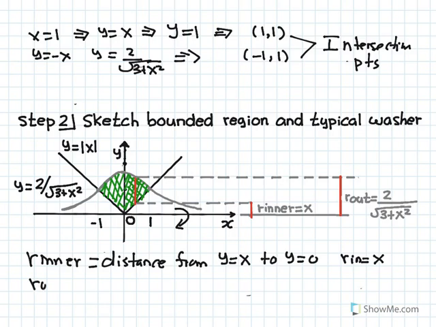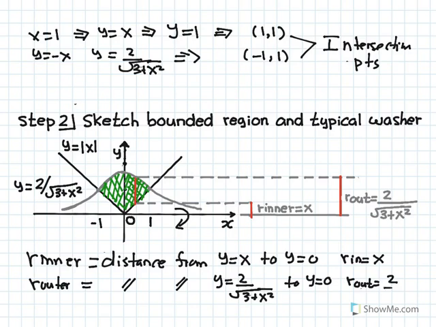The radius outer is equal to the distance from y equals 2 divided by root of 3 plus x squared to the x-axis, which is y equals 0. So the radius outer is simply 2 divided by root of 3 plus x squared.